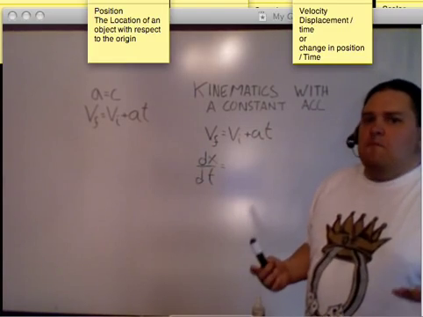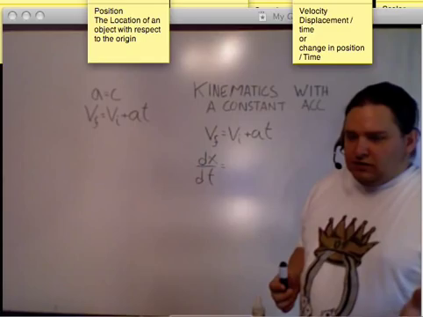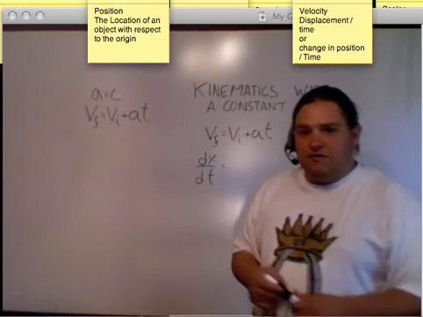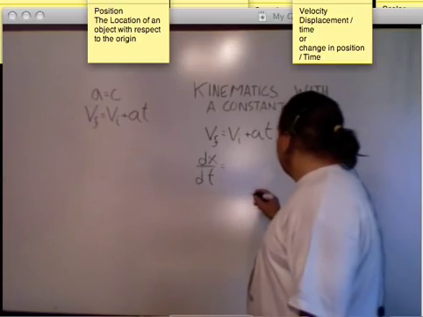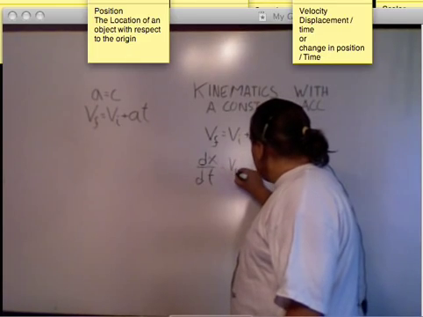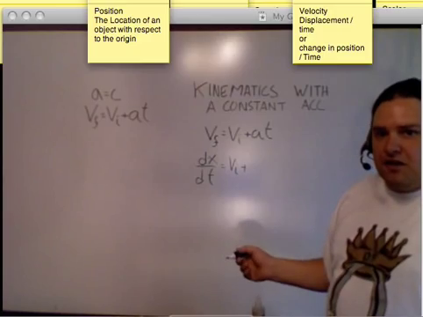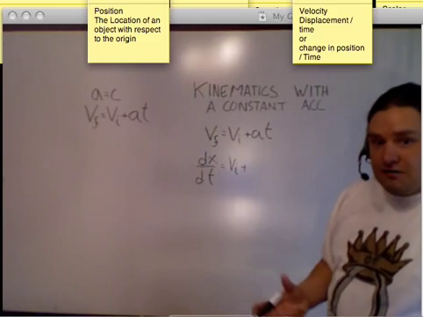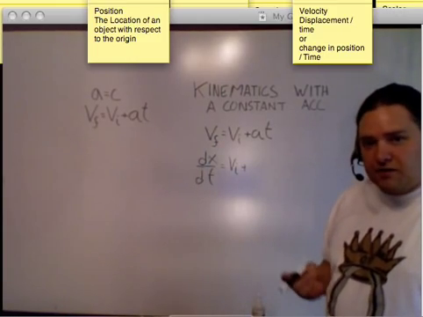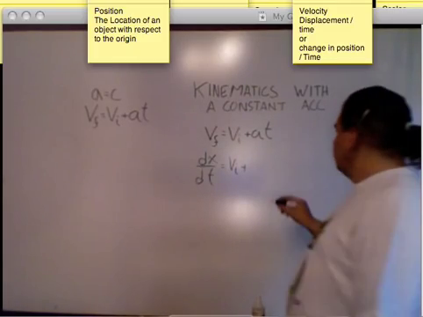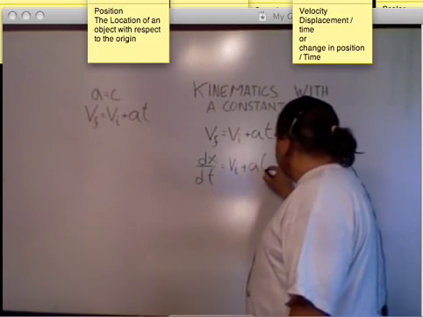How fast I'm moving originally doesn't change with time. So it's nothing more than a constant. So that's just going to be vi plus, okay, how about the acceleration? It's constant. It doesn't change with respect to time. Hence, kinematics with a constant acceleration. Cool?